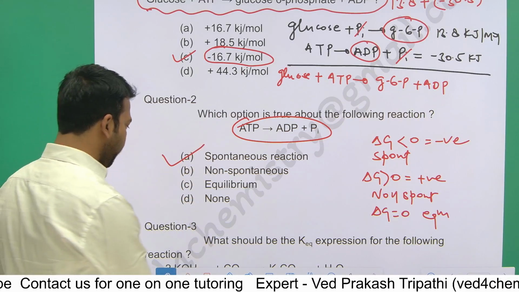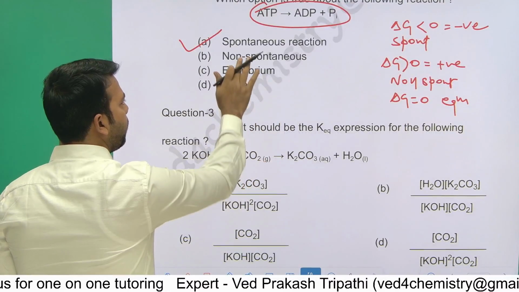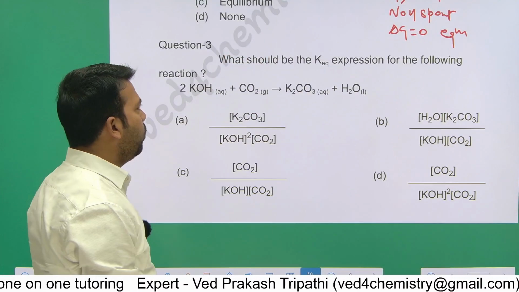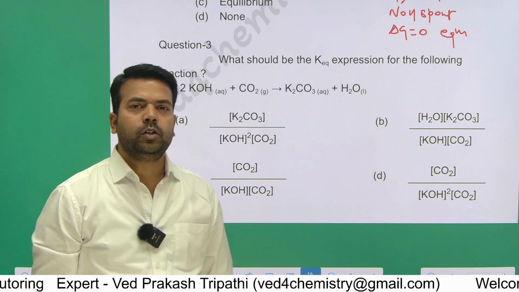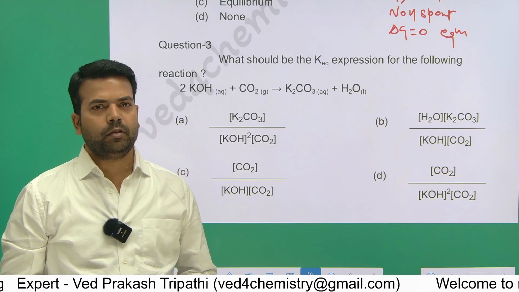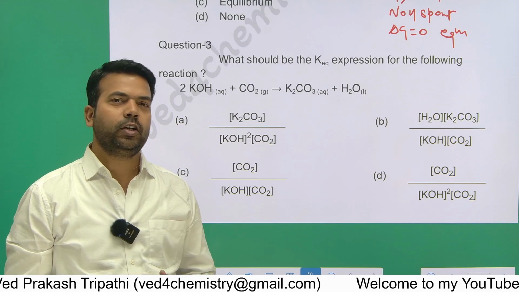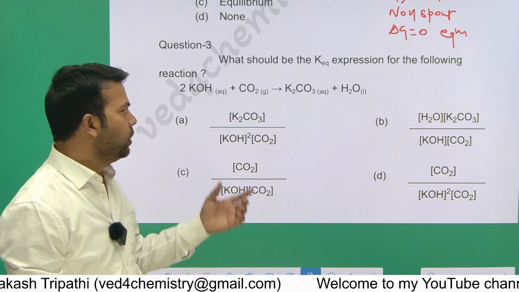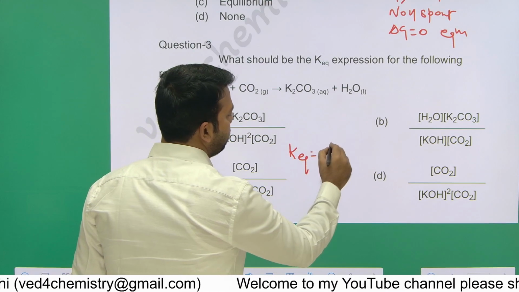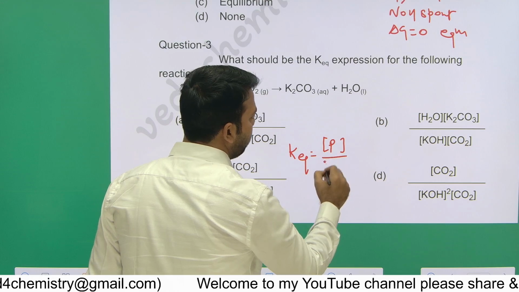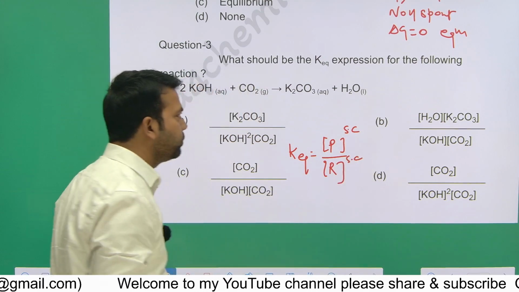Okay. Now the next one is, what should be the K equilibrium expression for the following equation? In equilibrium, we don't have to consider anything in the solid and liquid phase. We can consider only the gaseous and aqueous phase. We all know the K equilibrium is the concentration of product divided by reactant, and here the power would be the stoichiometric coefficient.